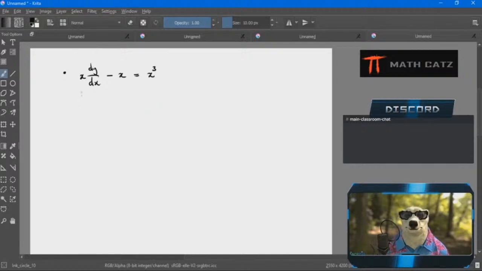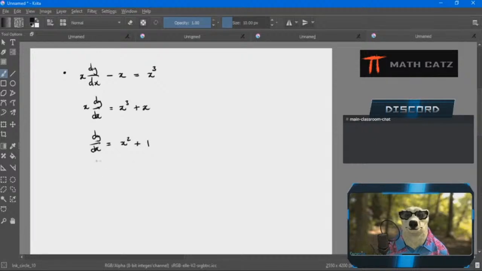If I isolate dy dx, it's going to be much better. So I could say, let's isolate the dy dx term to get x cubed plus x, and then we divide throughout by x to get dy dx equal to x squared plus 1. Of course, I have to divide throughout.